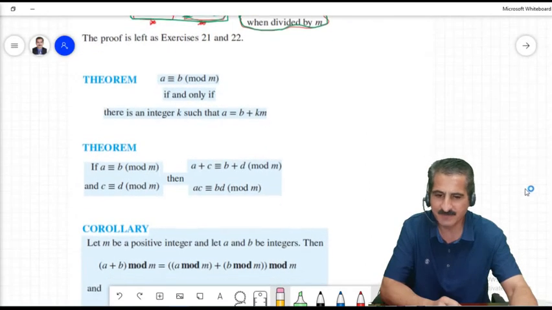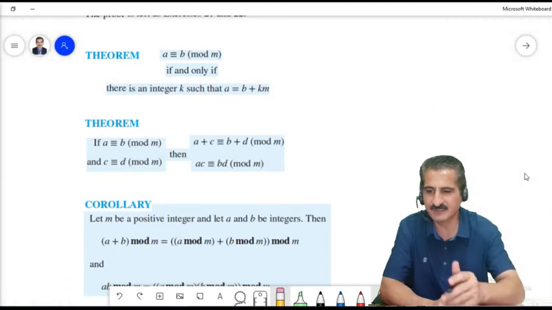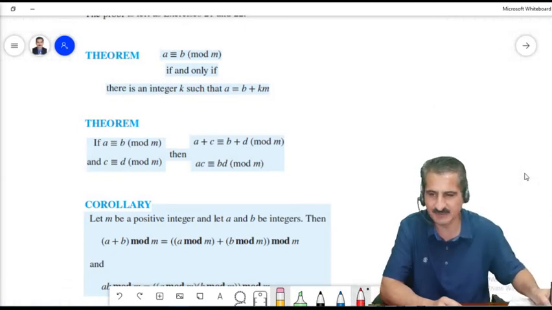Now the theorem we have just talked about is the very same theorem as here. It says again, two integers a and b are congruent modulo m if and only if there is an integer k such that this happens. It looks like this is a joke, right? Why? Because this says km equals a minus b.